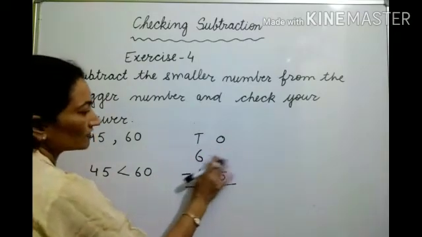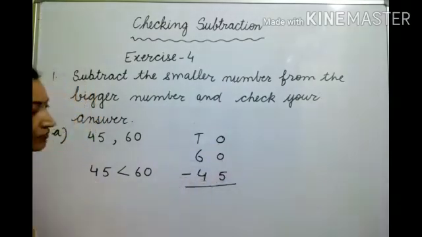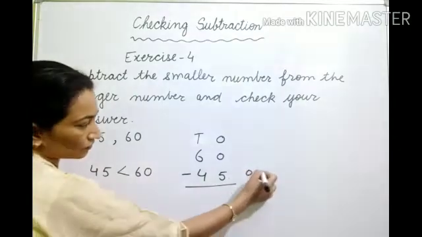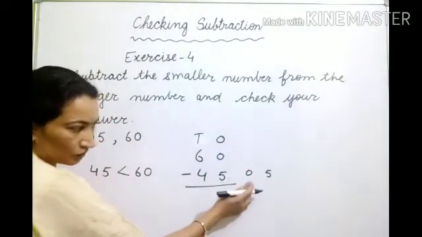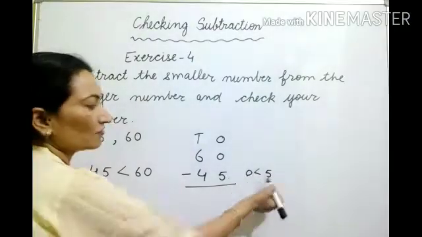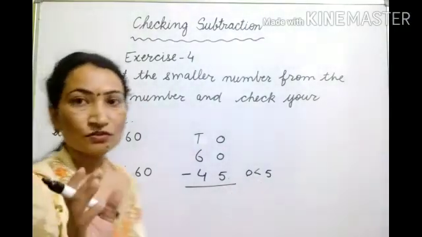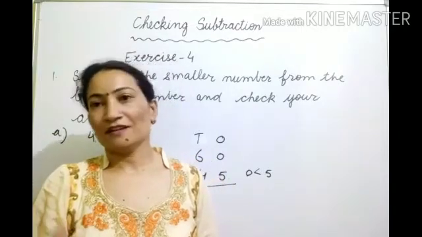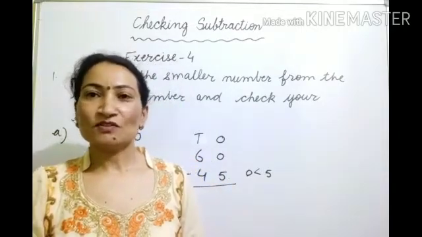Now we will subtract. Starting from ones place, 0 minus 5. Can we do? No. Why? Because 0 is less than 5. We have 0, which means nothing, and we have to give 5. We cannot give. So what will we do?